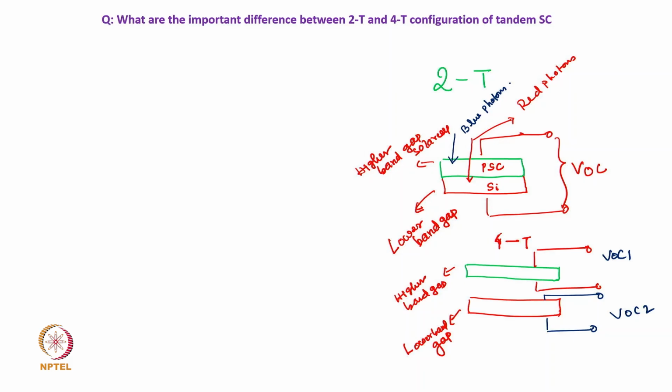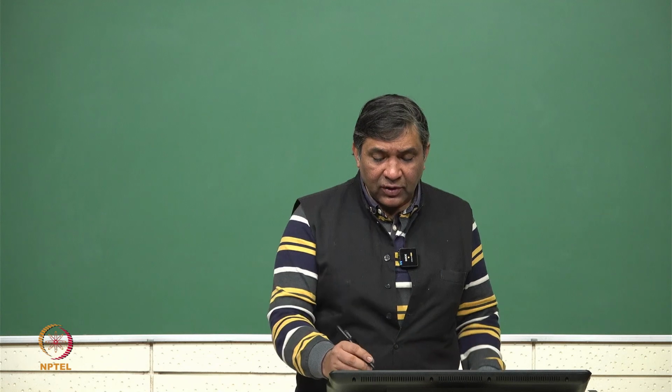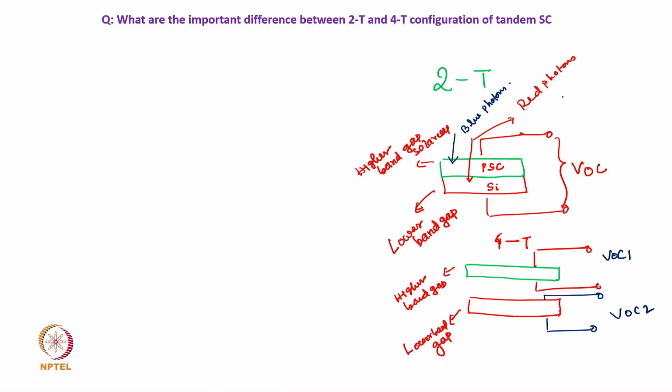So, this actually reduces the problem of current matching which was otherwise there in 2T. In 4T, or 4 terminal tandem solar cell, you do not have this issue because they are not integrated lithographically, they are separate stacks.